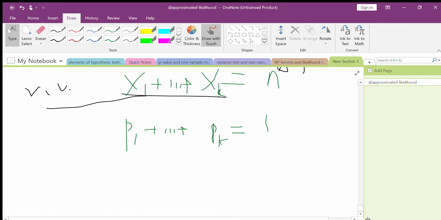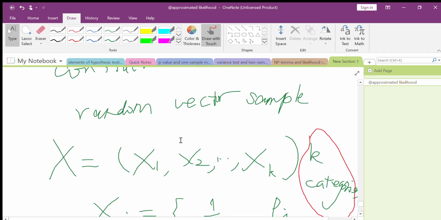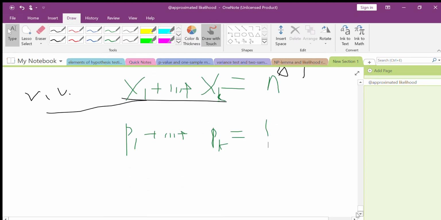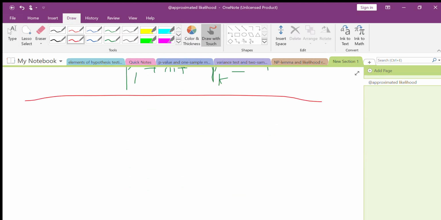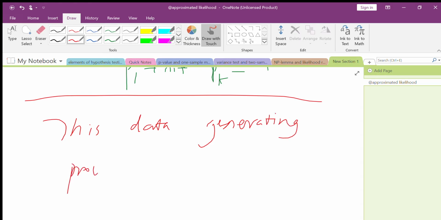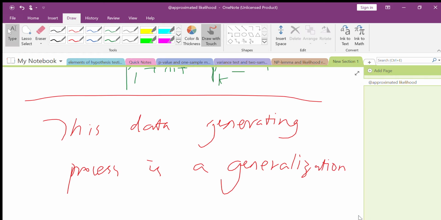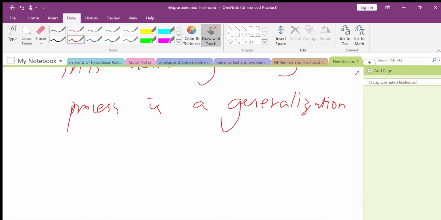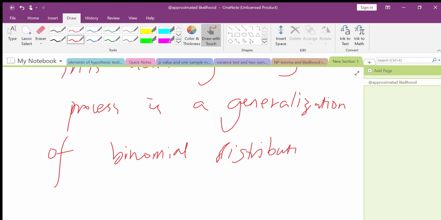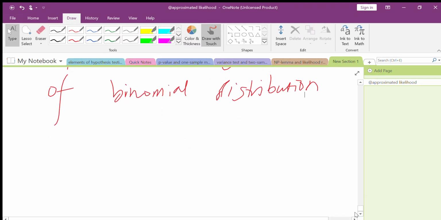So this actually is a generalization. Let's make a remark. This kind of data generating process is a generalization of binomial distribution, and we can take a look at its PDF.